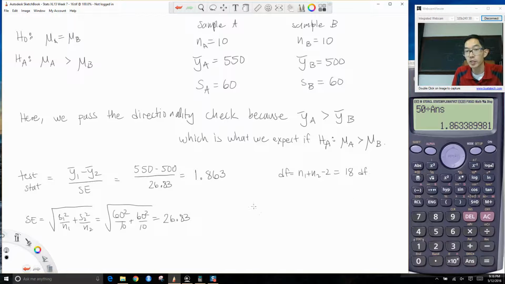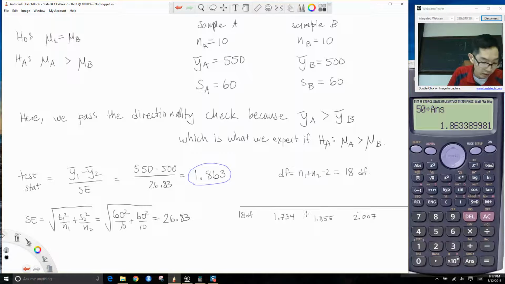I go to my t-table, and I go to the row 18 degrees of freedom, and I want to see where this value 1.863 fits. In the row 18 degrees of freedom, I see values like 1.734, I see 1.855, and 2.007.